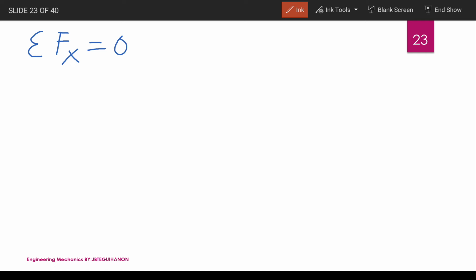So, summation of forces mo dyan along X is 0. What you have there is S2 times sine alpha and then minus S1 times sine alpha pa rin, that is equal to 0.